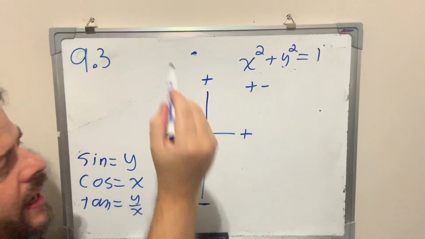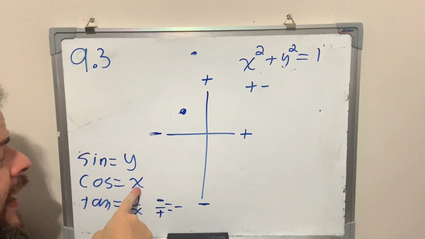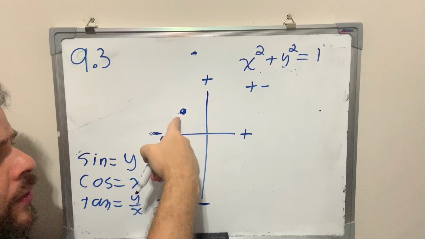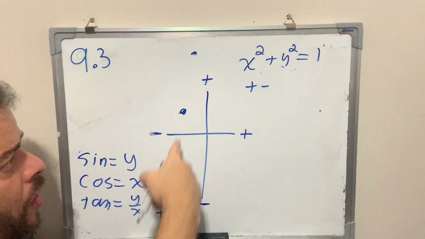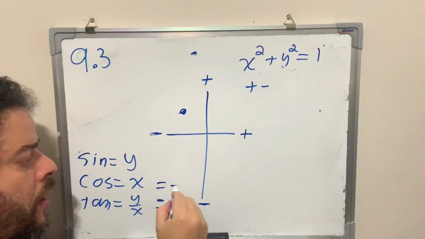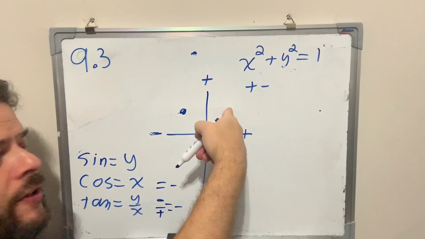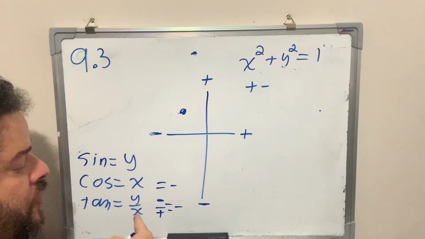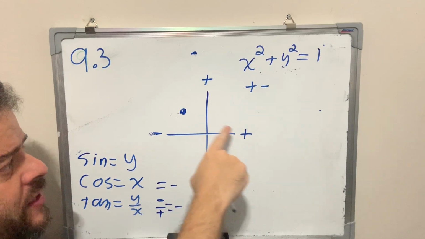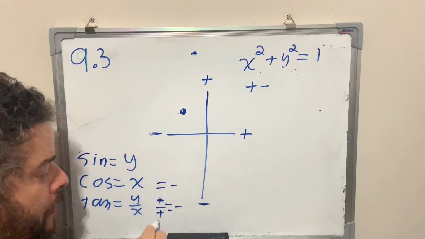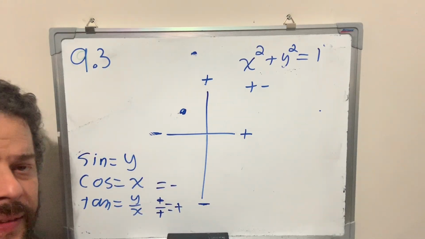What is cosine here? Cosine is just x. How is my x in this quadrant? My x is negative. So cosine in the second quadrant would be negative. How is my tangent in the first quadrant? Tangent is y over x. My x is positive, my y is positive, so positive divided by positive would be positive.